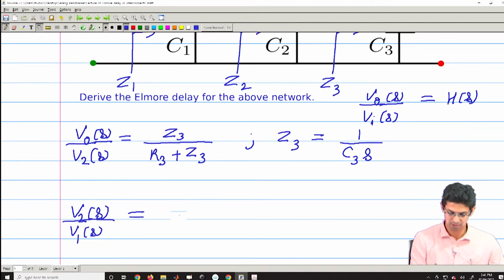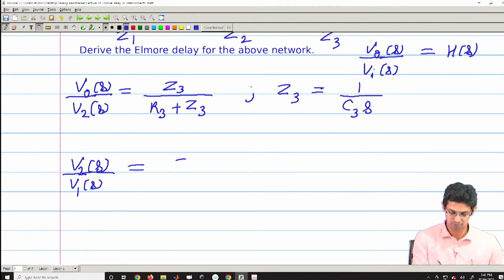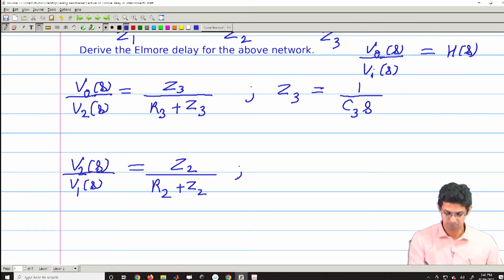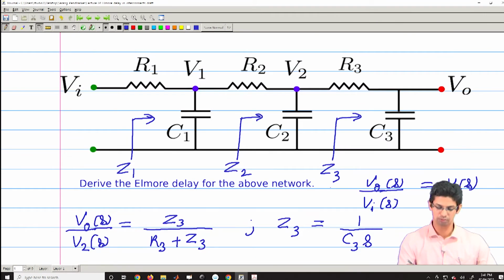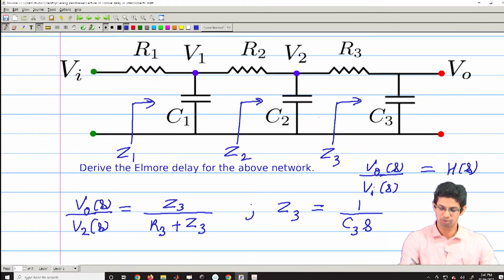So, what is that? You have Z2 divided by R2 plus Z2, where your Z2 is a parallel combination of this 1 by C2 S and this one, right.